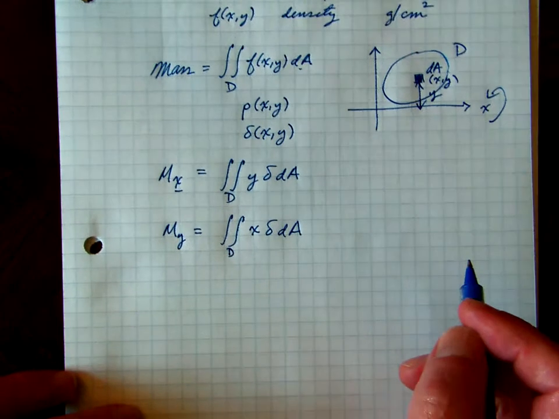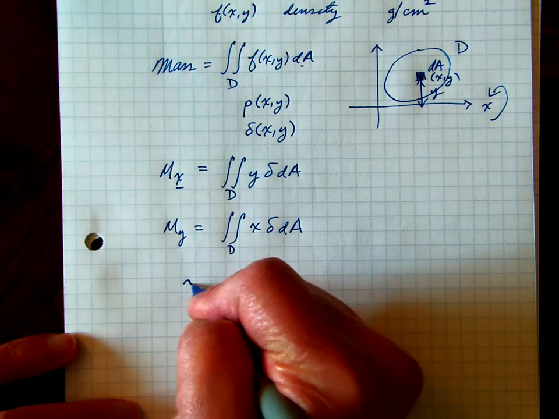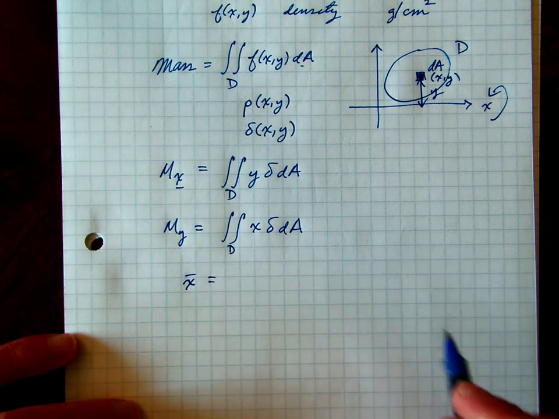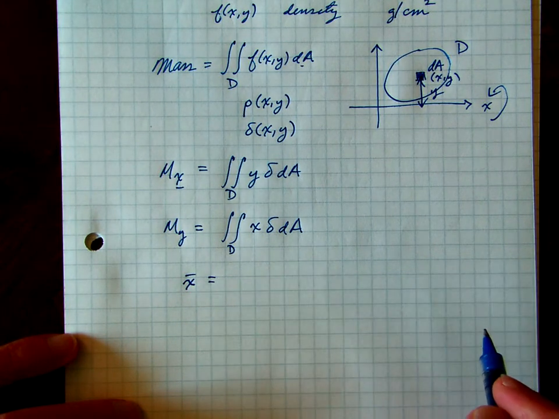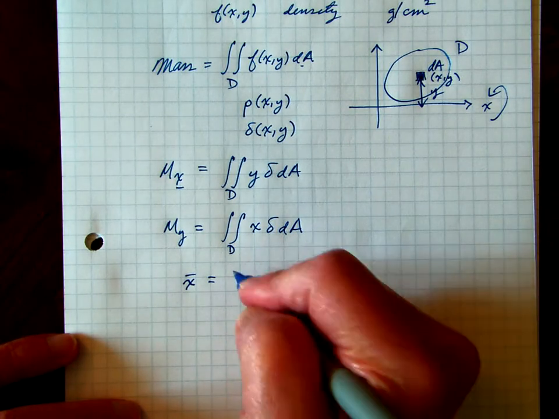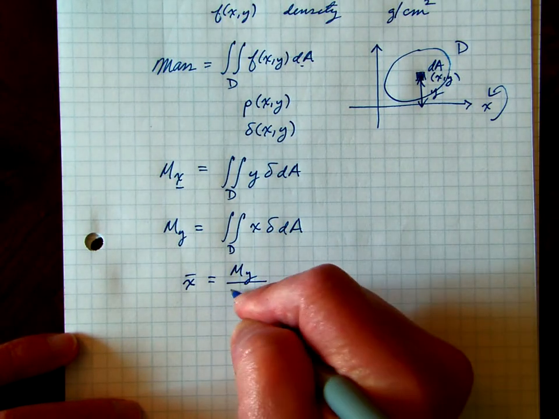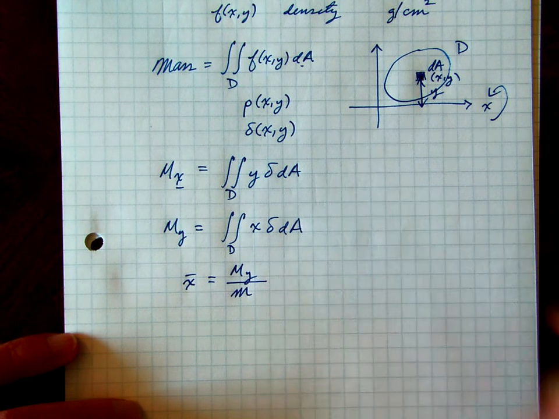The main application for the center of mass says, if you want x bar, the average of the x coordinates with respect to mass, you simply take My, because that's the one that has x in it, and you divide by m, where m is the mass.